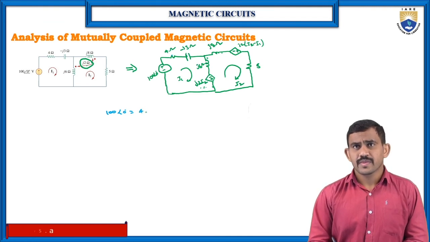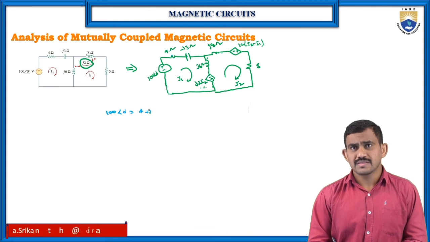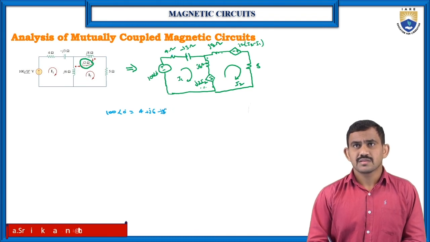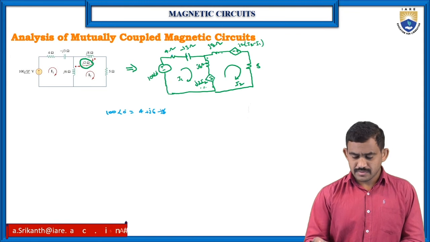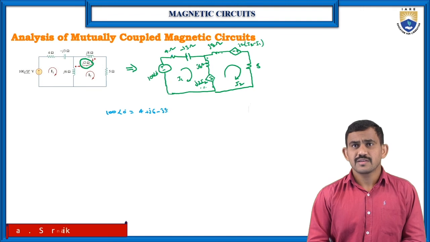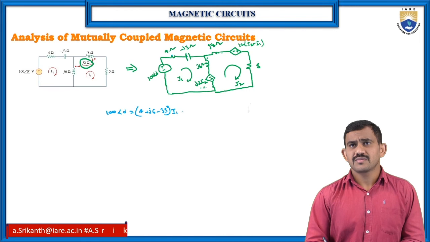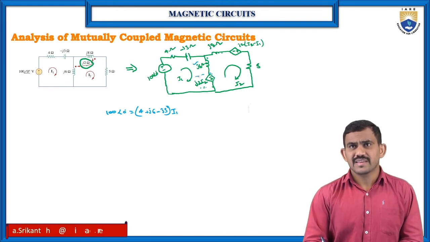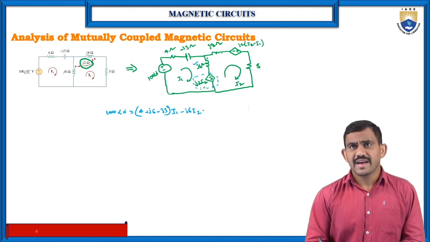So 4 plus J6 minus J3, into I1, and for 6 it's common for both loops. So for 6 we have J6 I2 and minus J2 I2.